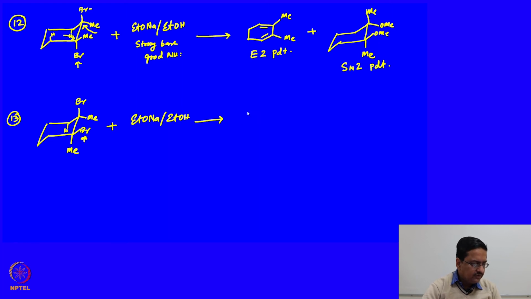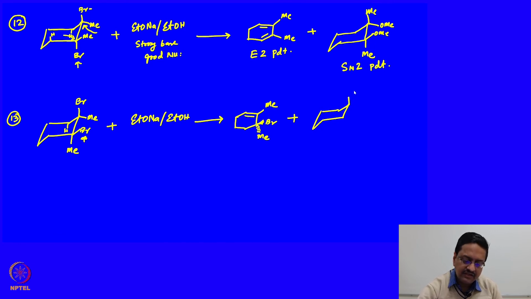Therefore, we would get one elimination product as this one, where the other will remain as it is, and the corresponding SN2 product will be a different one compared to the previous SN2, because now the methyls were in the cis orientation.